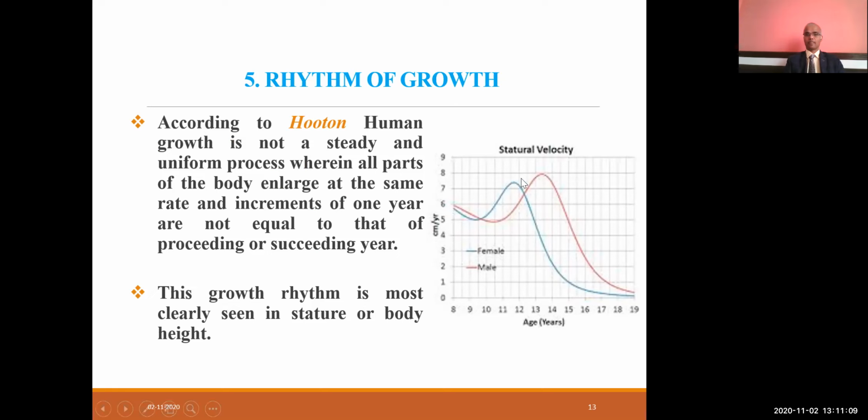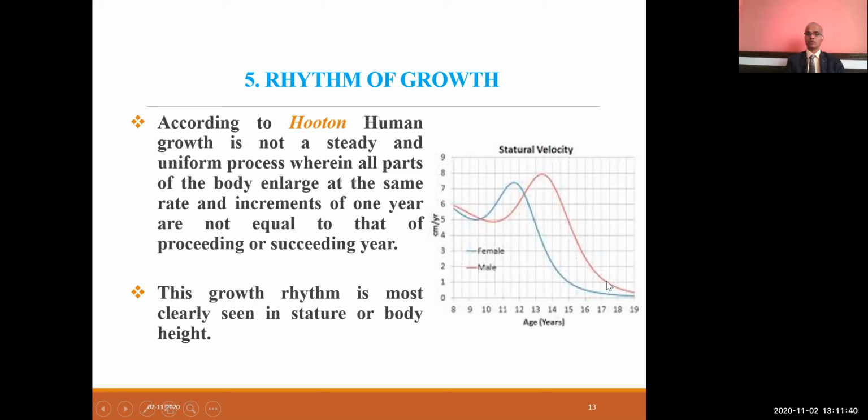In the orange diagram, you can see that between 13 to 14 years, the stature velocity is 8 centimeter per year. But before this, suppose at 10 years, it is 5.